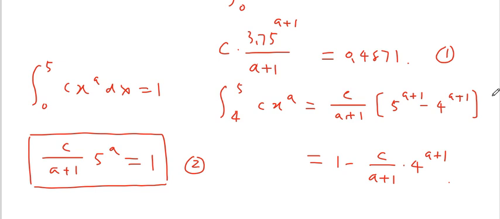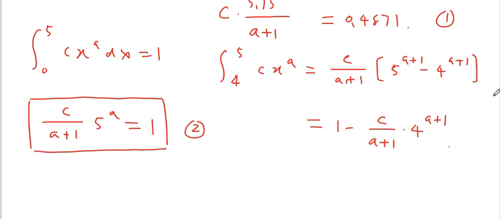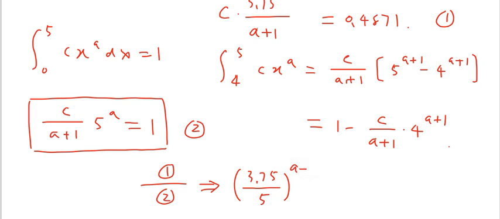We just take equation 1 divided by equation 2. Equation 1 divided by equation 2, we get this. So we can cancel C. Okay, so this equals 3.75 over 5 to the A plus 1 equals 4 to the A plus 1. So from here we can find this A.